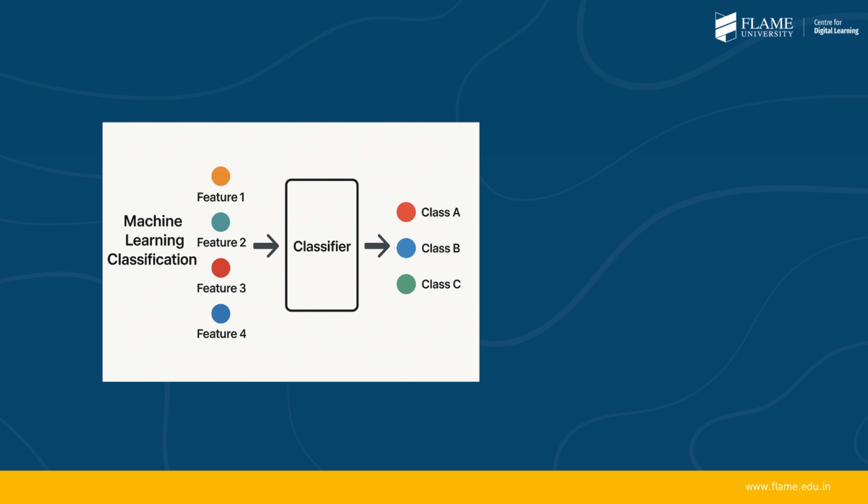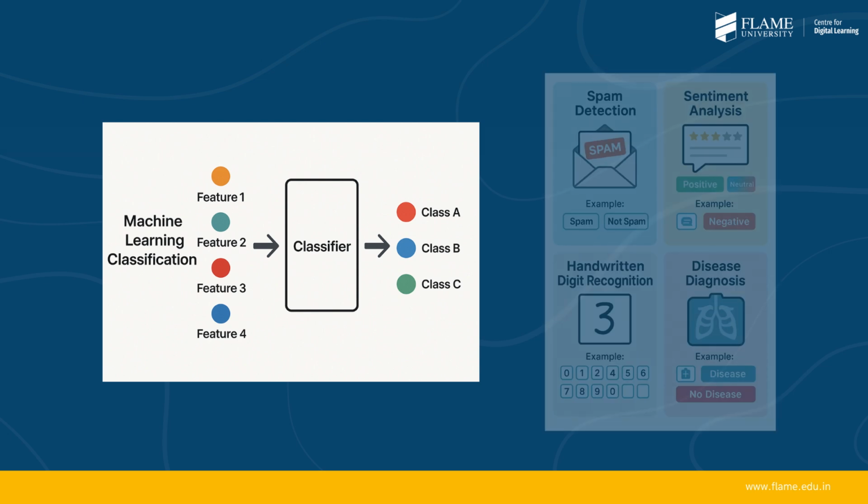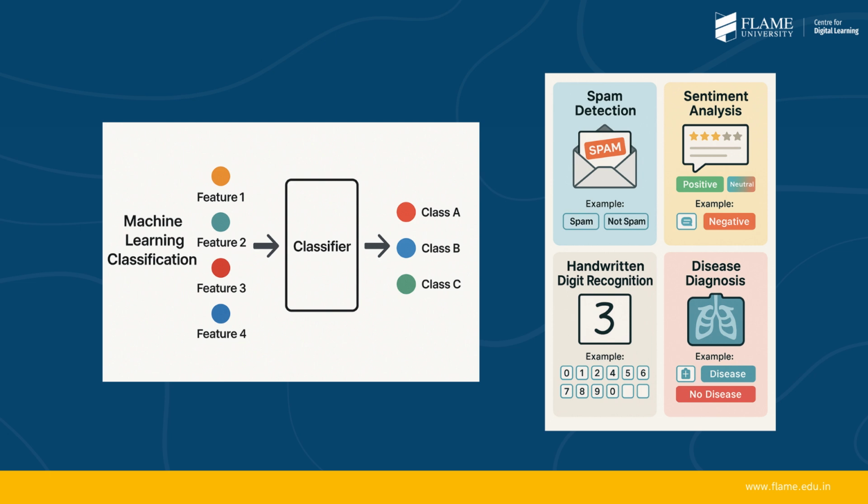You can map this kind of problem to real life problems like spam detection, whether a particular email is spam or not, or sentiment analysis, whether people are liking a particular product or not based on reviews, or maybe identifying whether it is a 1, 2 or 3, and disease diagnosis, whether you are COVID positive or COVID negative. These kinds of problems are nothing but classification problems, and they can be easily solved with the help of the supervised learning approach.